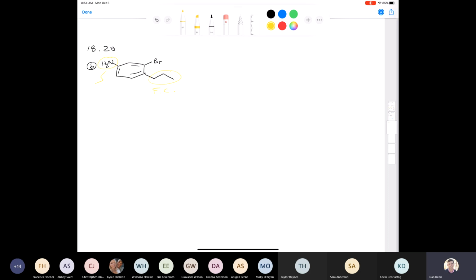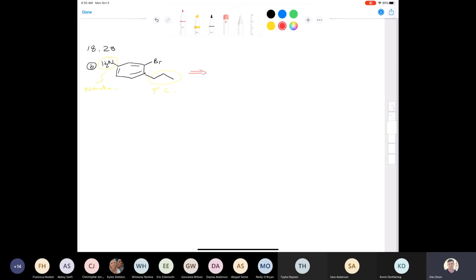We have no way of installing an amine except elimination addition, which is not going to be what we use here because we don't use that to make anything this complex. So that tells us that we need to use nitration. At some point that amino is going to be a nitro that we would reduce to an amine.